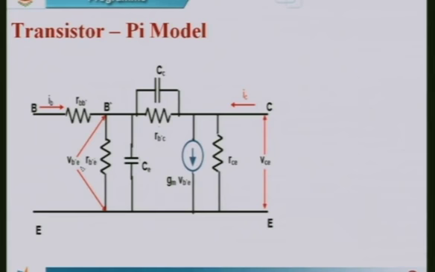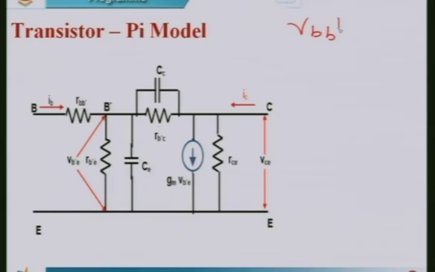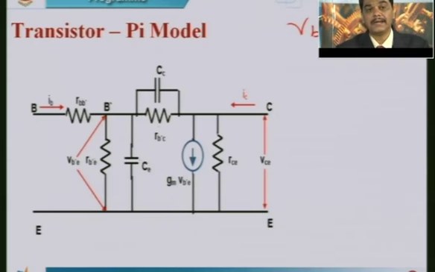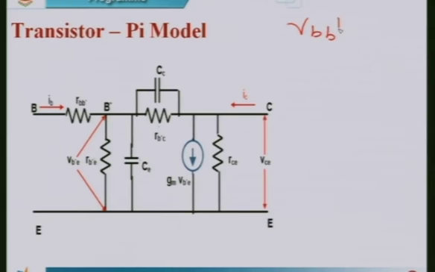Now we define these parameters: R B B dash, R B dash E, R B dash C, RCE and CC. Already we know that R B B dash is the base spreading resistance. This is due to the conductivity between the external lead and the base of a transistor.